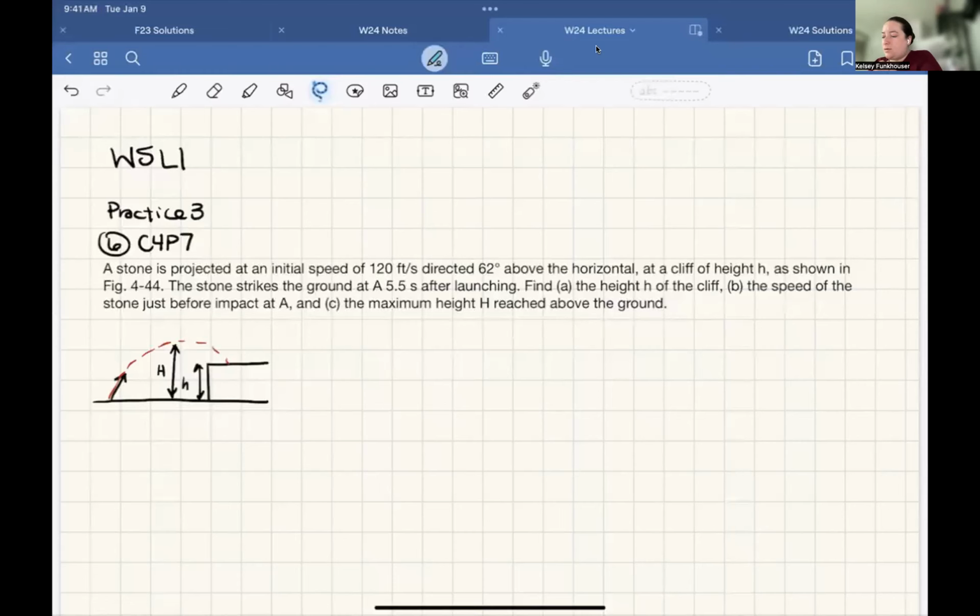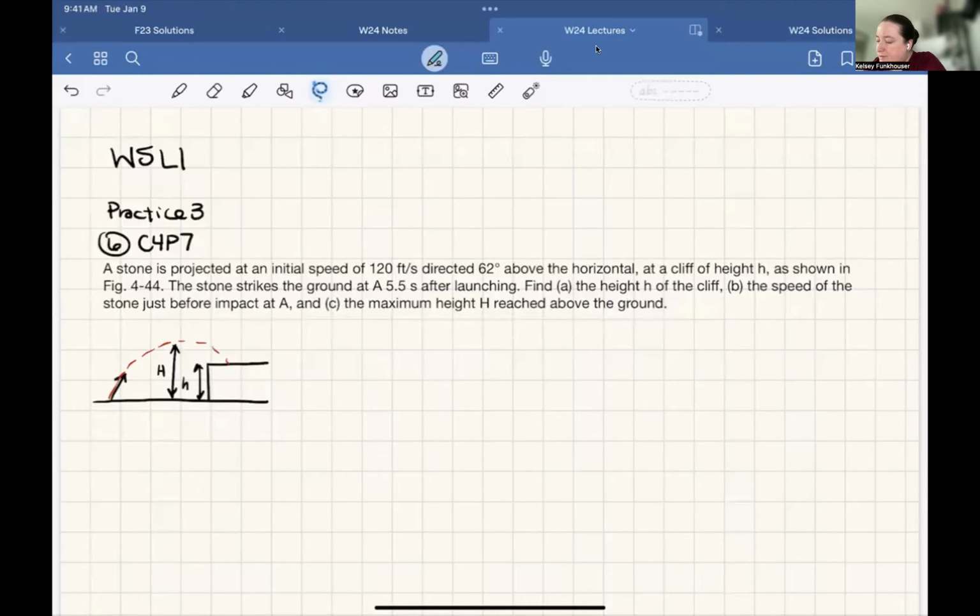Okay, so the first question is question 6 from week 3 practice. A stone is projected at an initial speed of 120 feet per second, directed 62 degrees above the horizontal, at a cliff of height h, as shown in this drawing, not figure 4-44, although it is in the textbook as that.